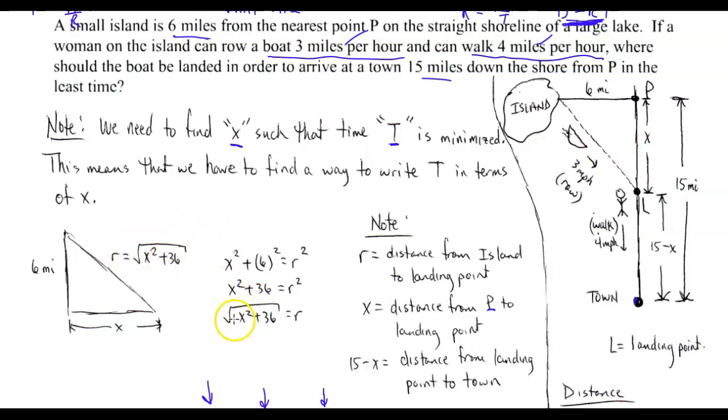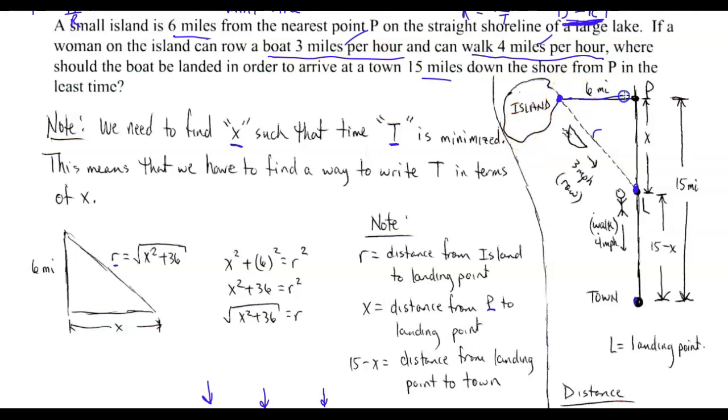All right, so the first thing that we want to do here is try to model what it's going to look like time-wise if she's coming from the island right here and she's rowing into this landing point right here. Okay. Now, this distance here again is going to be R.